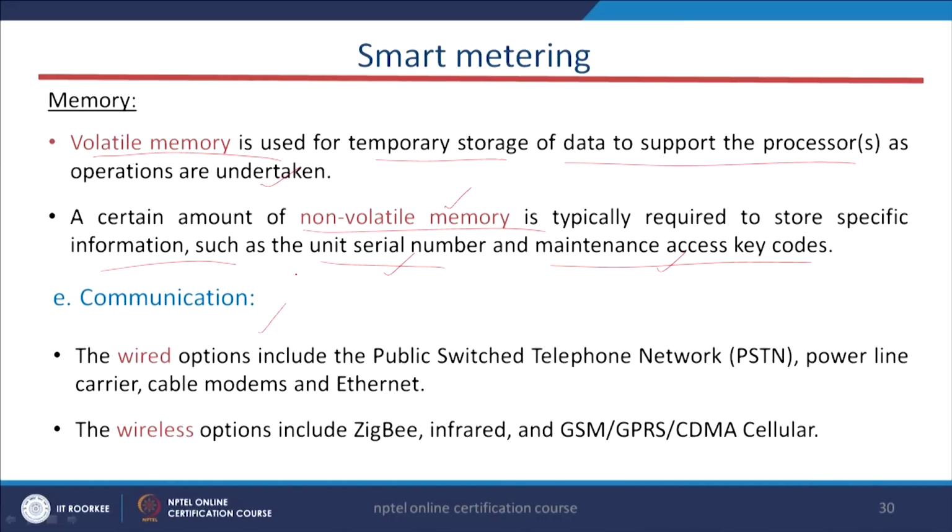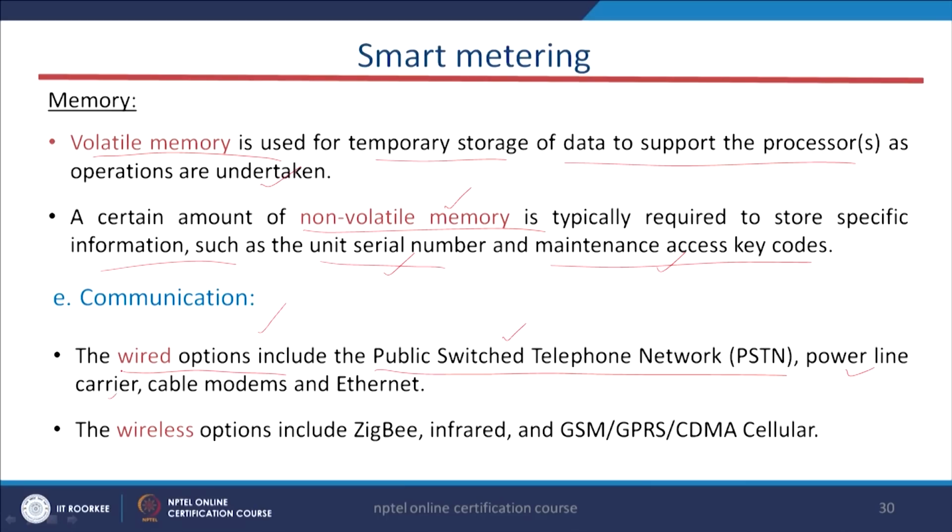And coming to the communication part of this smart metering section, we have the wired options, which include the public switched telephone network, PSTN. This kind of communication system is important, and also we have power line carrier communication infrastructure, and also cable modems and Ethernet. So, these are the communication infrastructure we use inside the smart metering system.